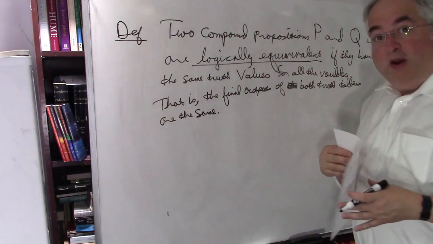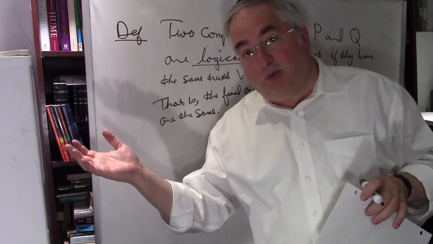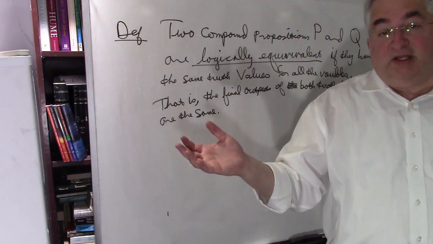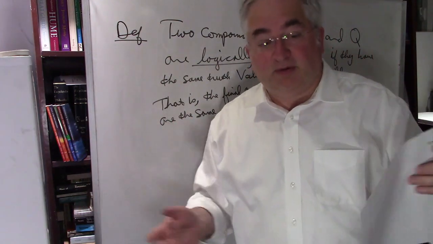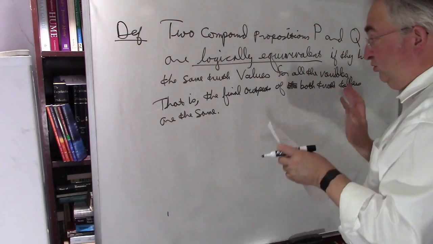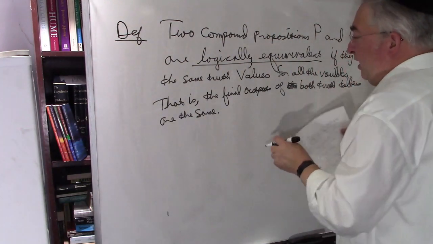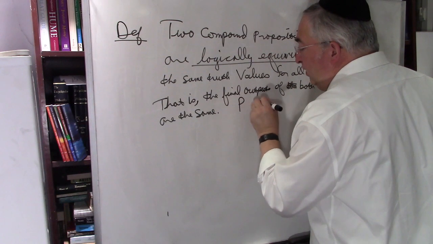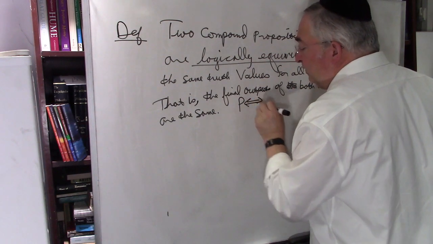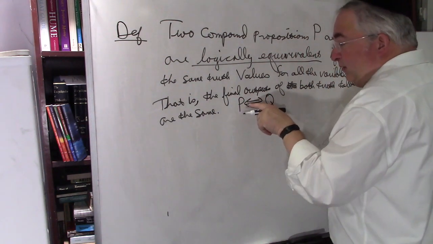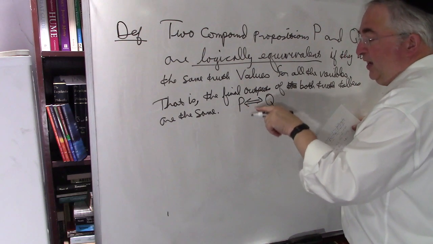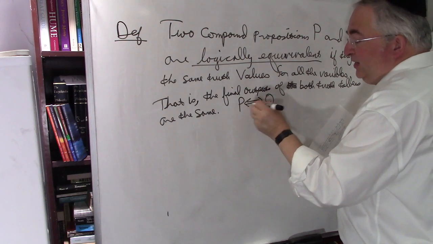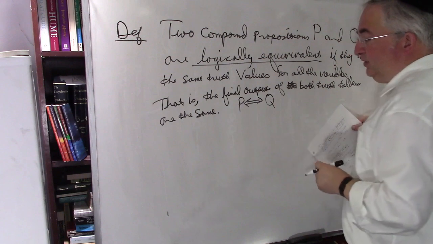Again, no matter what you put in for the variables in this one, and what you put in for the variables in this one, they'll be the same. Okay, so the truth tables are similar. We write it like this: P double arrow Q. Double as in both ways, and also double, it's not just one line there, it's two lines.